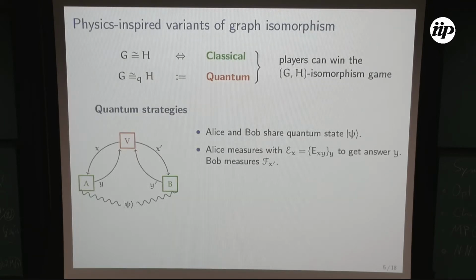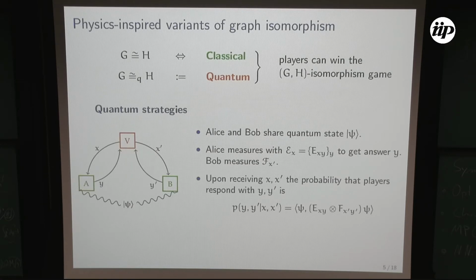So essentially Alice has a measurement, script E_x, for every question she might receive, and this measurement consists of PSD matrices E_xy, where these y's are vertices of the two graphs. Because it's a quantum measurement, these E_xy need to be PSD, and they need to sum to identity if I fix x and sum over y.